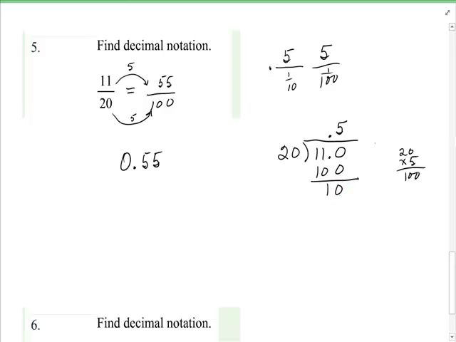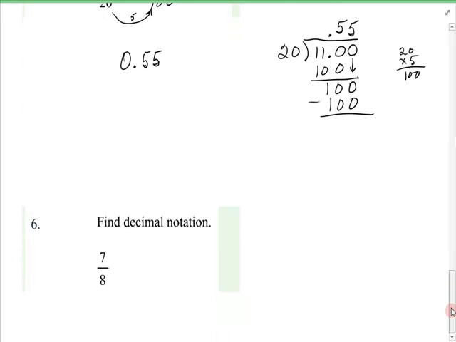Subtract for 10. I'm not finished, so I add another 0 and I bring it down. 20 into 100, there's my other 5. 5 times 20 is 100. I like to do it by division. I rarely do this. I almost always do this.